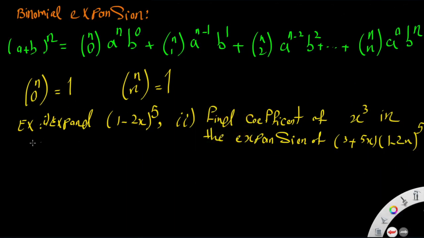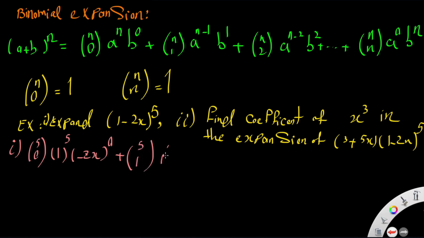Let's start with the first part I. Now 1 minus 2x to the power of 5. So I write the first term, second term. It would be 1 to the power of 5, minus 2x to the power of 0, combination of 0 and 5. Plus combination of 1 and 5, 1 to the power of 4, minus 2x to the power of 1.